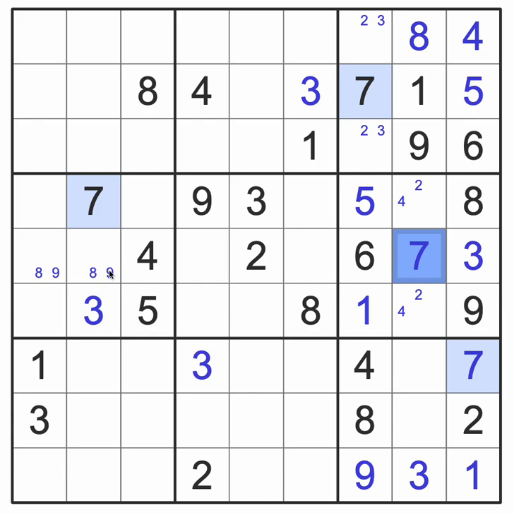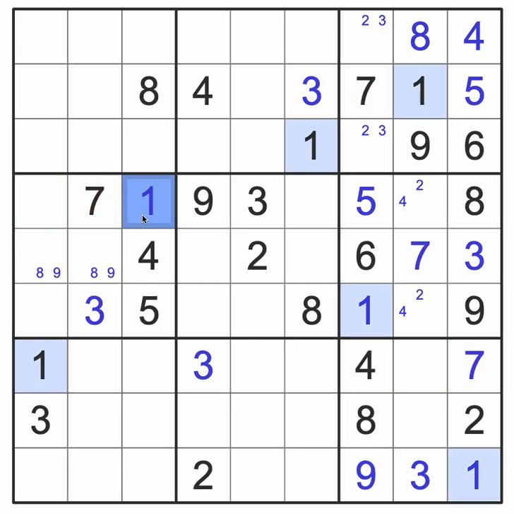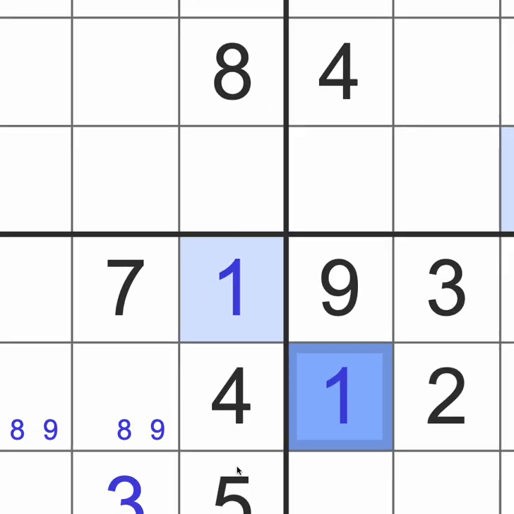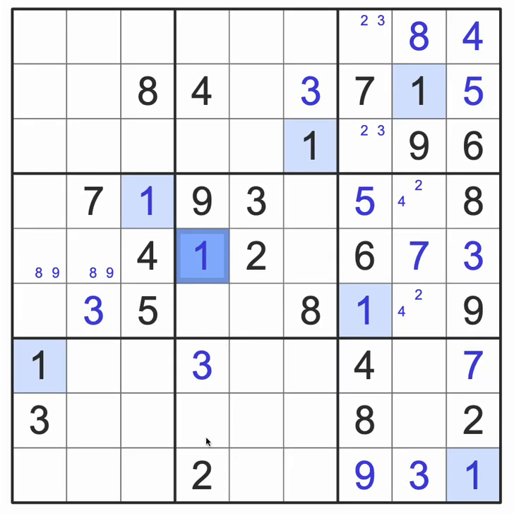I forgot to place 1 in box 4 because these are 8, 9 double. 1 blocking here makes this cell 1, and this one blocks here, this one blocks here, this one blocks here, gives me 1 here, which blocks here, this one blocks here, 1 and 1 blocks these, gives me 1 here.